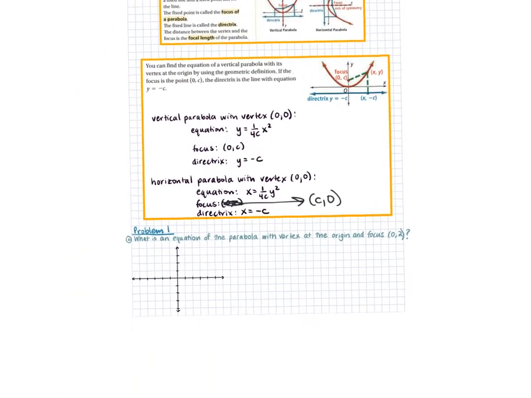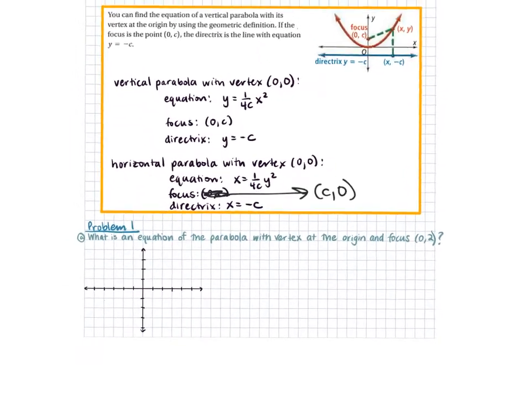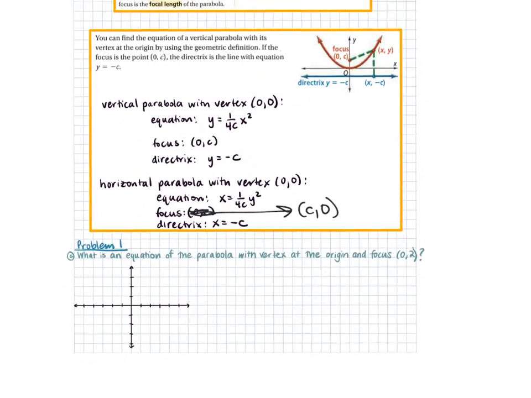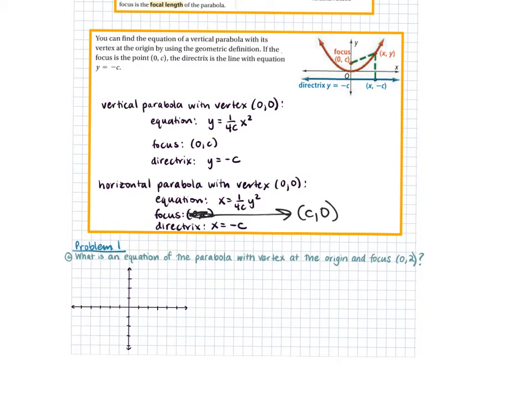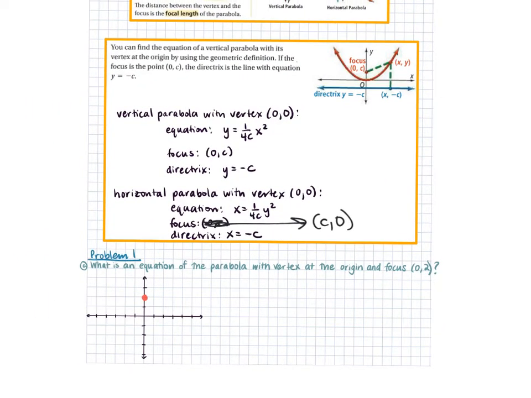Okay, so let's move on to this question: what is an equation of the parabola with a vertex at the origin and a focus (0, 2)? So here we have a focus (0, 2), which means our parabola is going to go vertically, because the focus is of the form (0, a number), which means it's vertical.